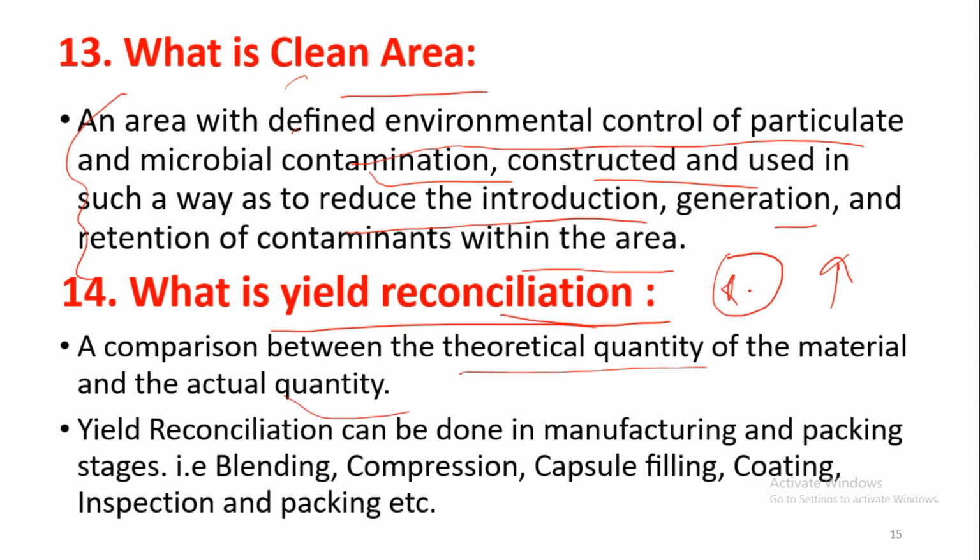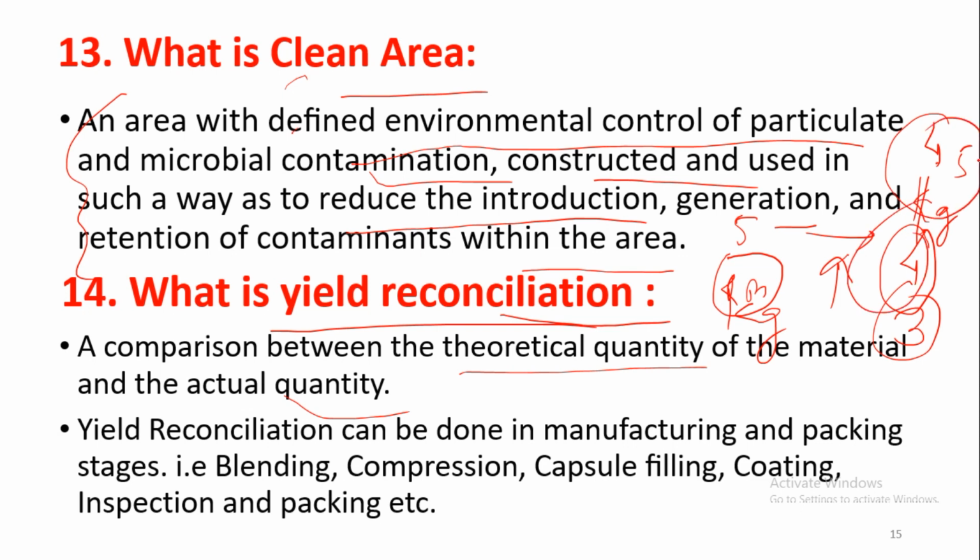Suppose this is the raw material, 5 kg you have given, and the finished product should come, suppose, 4 kg. But only 3 kg is coming, and you had estimated it should come around 4.5. So you should know all the differences between these three.